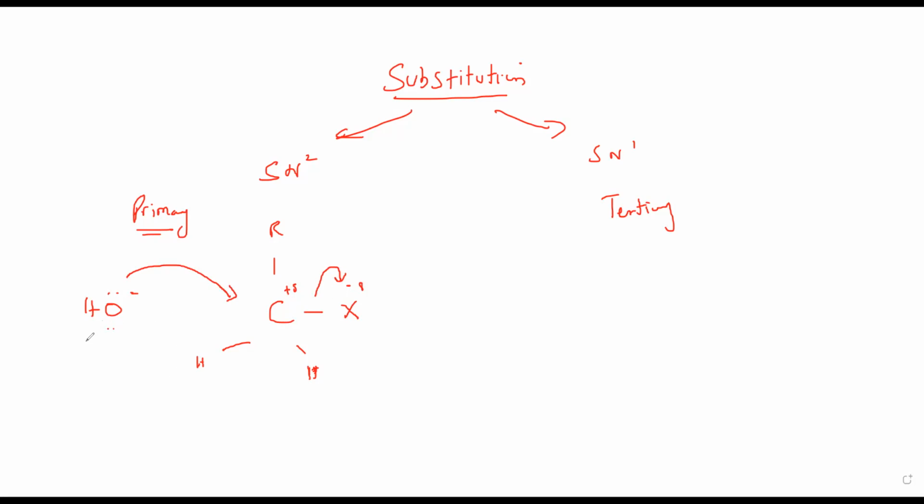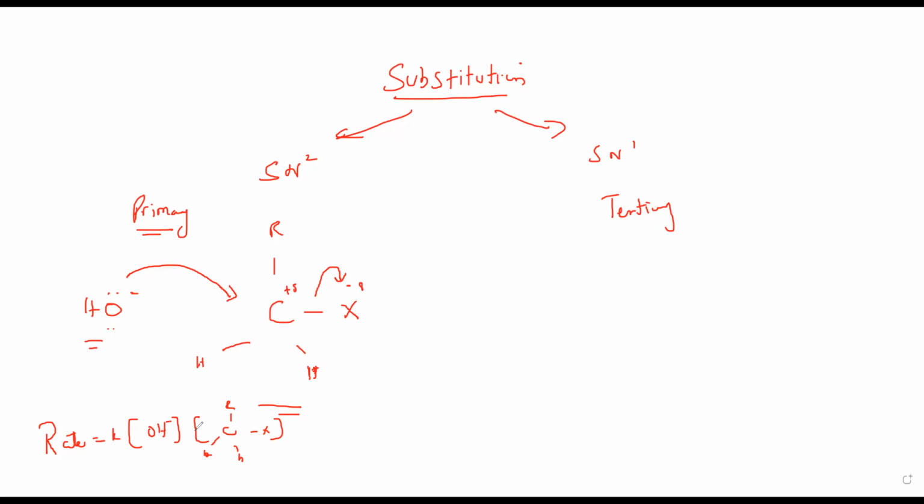Because the reaction depends on the presence of both OH and the halogen alkane. So when we write the rate expression for SN2, rate equals K times the concentration of nucleophile as well as the concentration of halogen alkane, which in this example is R, H, H and X. Is it clear that the rate expression for the primary depends on the presence of both molecules?